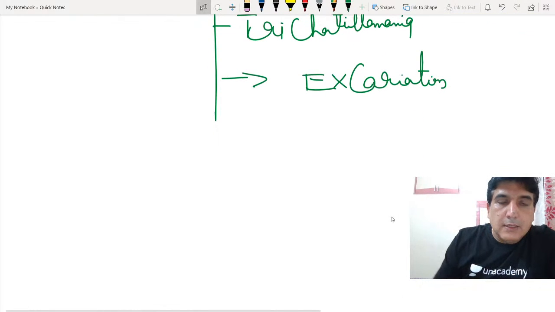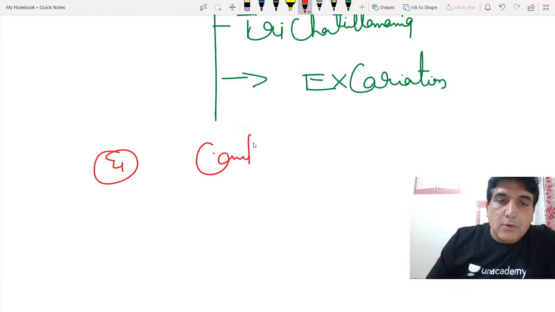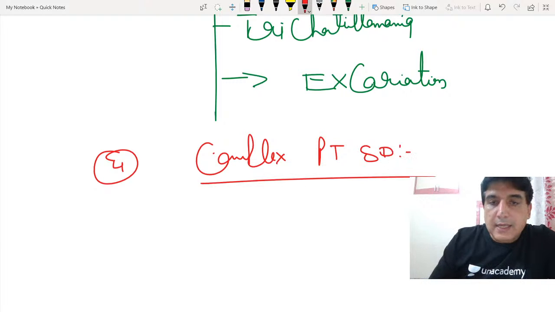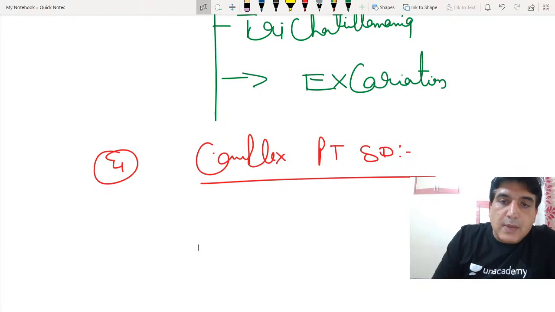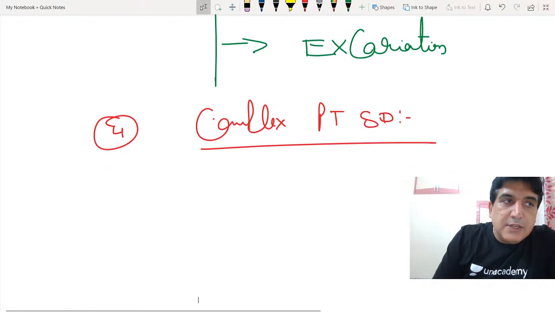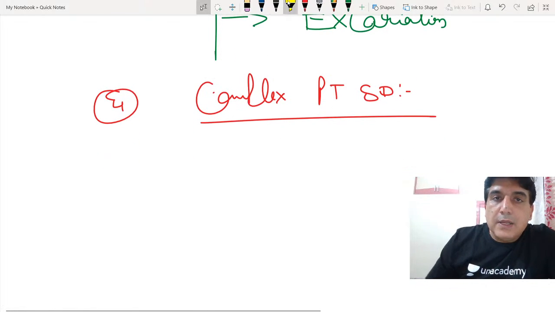Apart from that, we have one important heading, complex PTSD in ICD-11, complex post-traumatic stress disorder. By definition, what is complex PTSD?